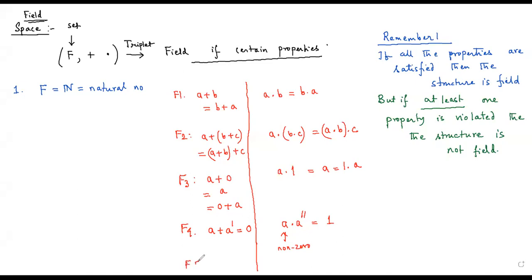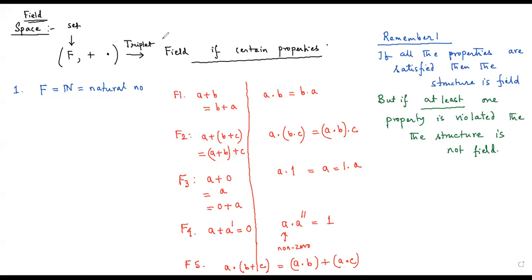And the last property, F5, is the distributive property, which combines the dot operation with the plus operation: A dot (B plus C) is equal to A dot B plus A dot C. Now, suppose we have been thrown into this particular mathematical structure, and we need to perform this operation carefully.